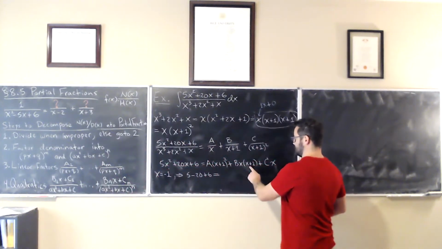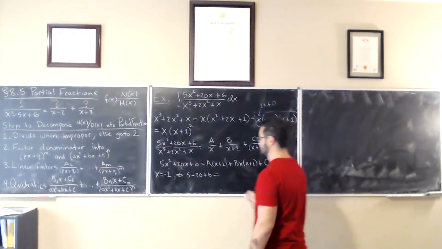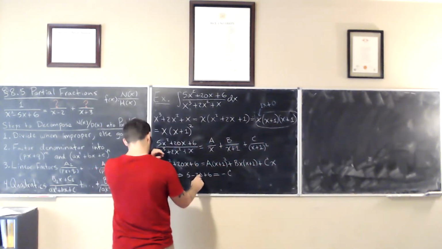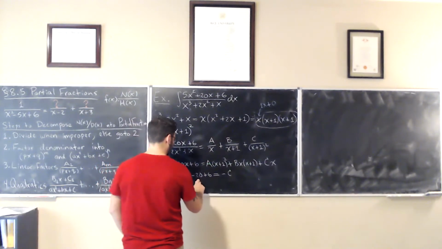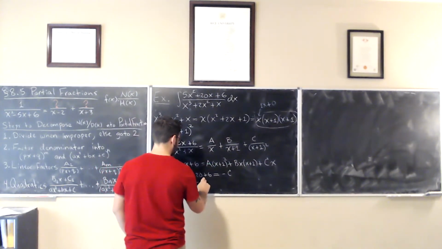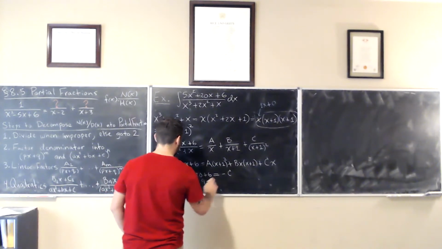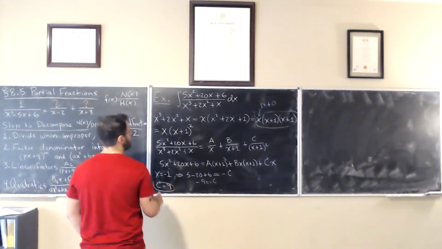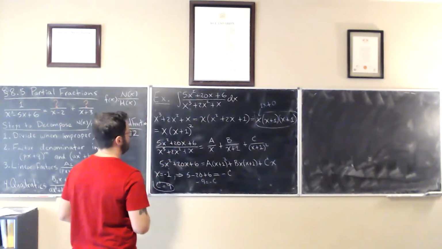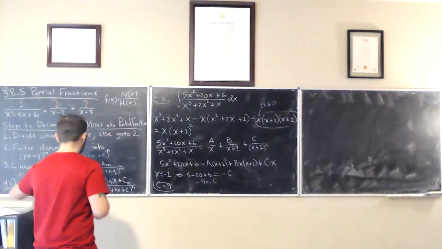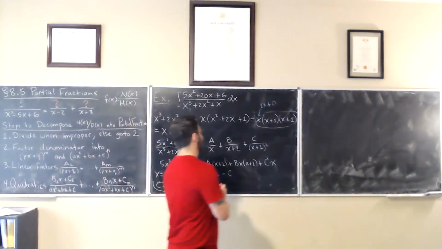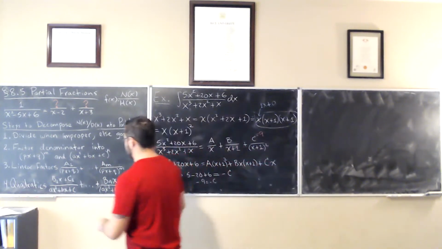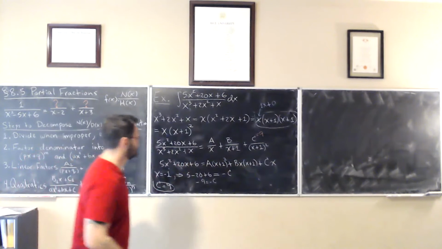That's 0, and this will be minus C. So what is this? Minus 15 plus 6, so minus 9 is equal to minus C. So that means that C is equal to 9. Okay, so C right here, that's equal to 9. I know that now.